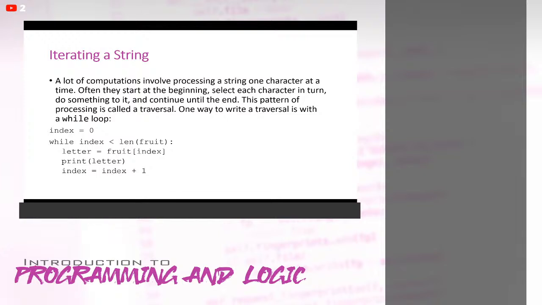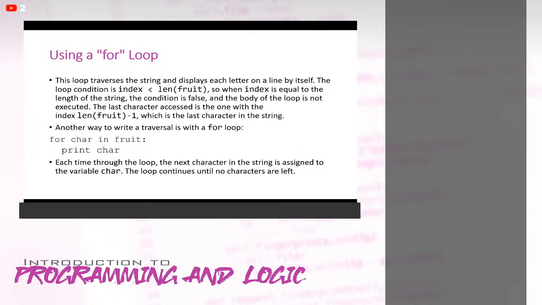I have the seed variable. I have my while loop. I have to move my seed to get closer to the break condition. But we also have a for loop. And in Python, we have this enhanced for loop, where we can just say for letter in string.